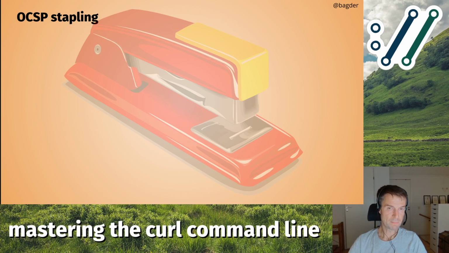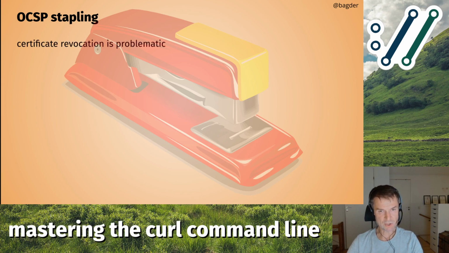With curl you can also check for stapling, because of certificate revocation. When a certificate has gone bad and you want to revoke it, the system for that doesn't work really well over the world. So sometimes bad certificates remain out there and remain in use, and it's hard to detect that.